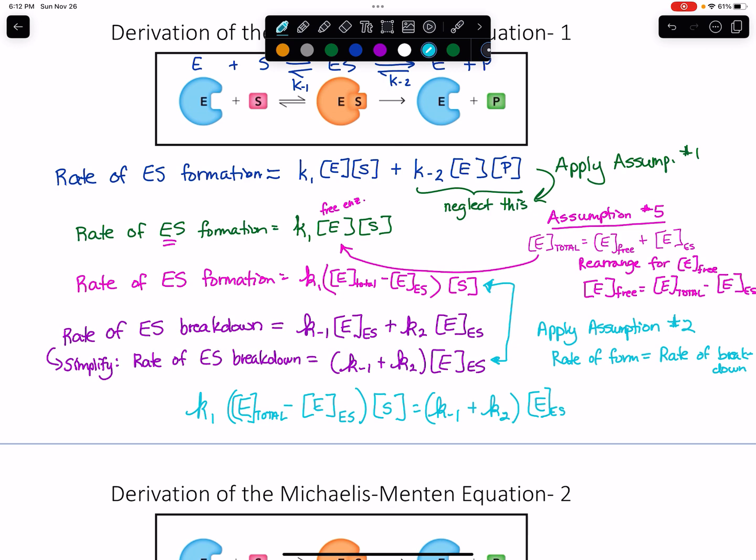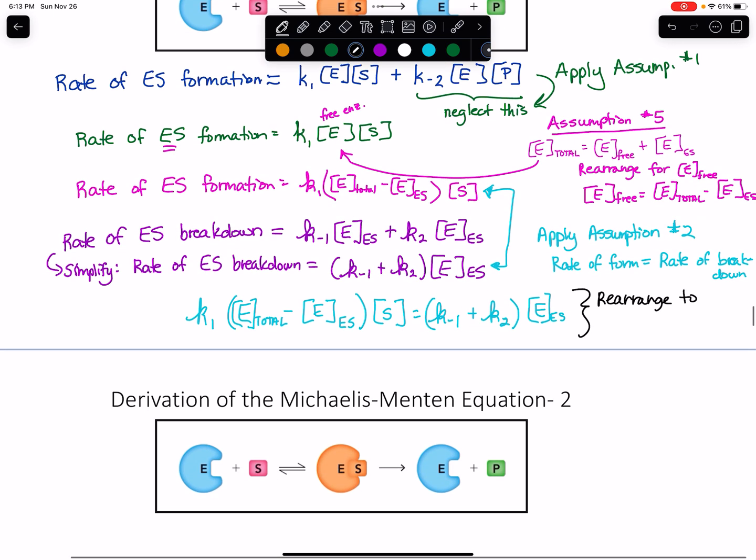Okay. So now what we're going to do is start with this and rearrange it to put all the rate constants together. So the next thing that happens is we're going to rearrange to put it in terms of rate constants.